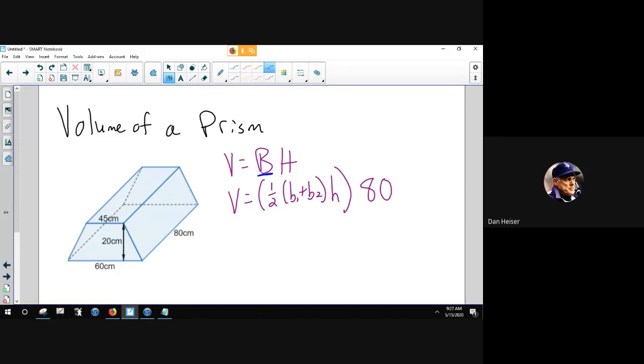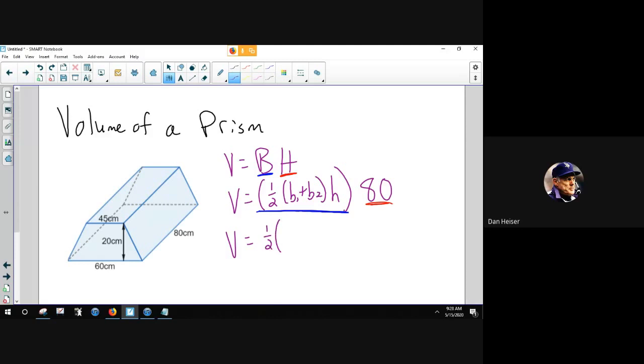This capital B represents base area, and here's the base area. This capital H represents prism height. Here's the prism height. Now we just plug in our values and solve. 1/2.